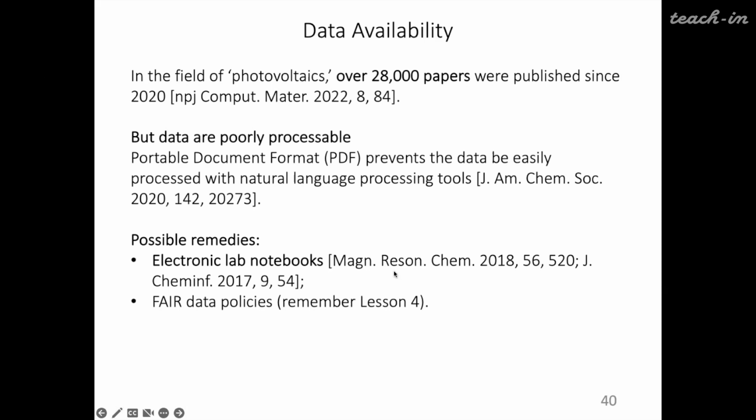Some of these depositories follow the so-called fair data policies, of which I've told you about in the fourth lesson.